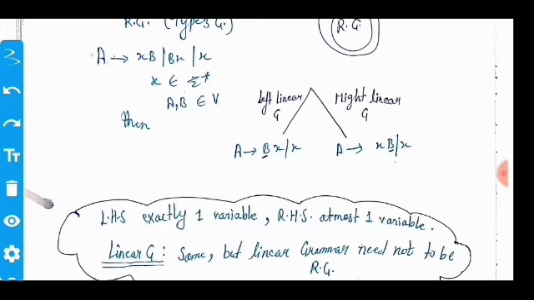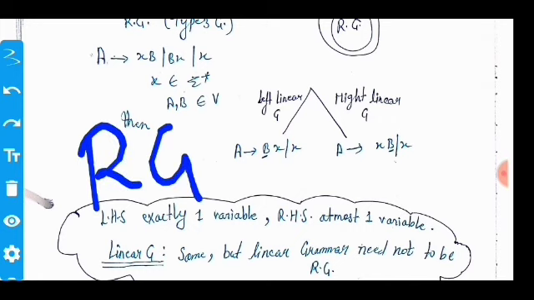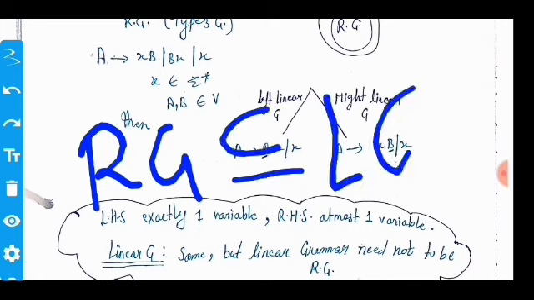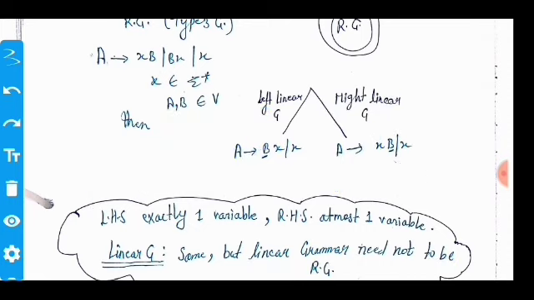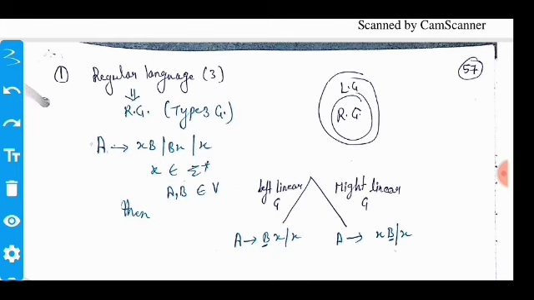Any regular grammar is a linear grammar, because regular grammar is a subset of linear grammar, but a linear grammar need not be a regular grammar. In the hierarchy of grammars, we can move from bottom to top, meaning regular grammar to the grammars above it.